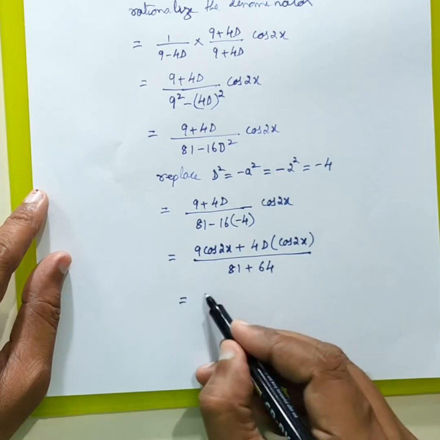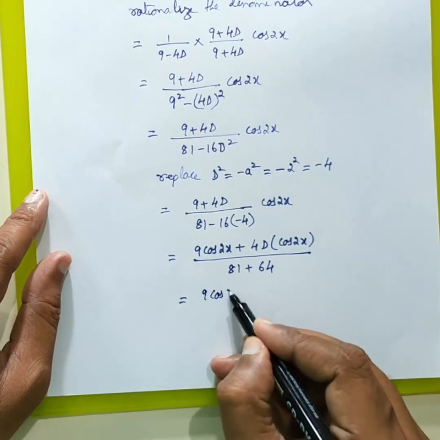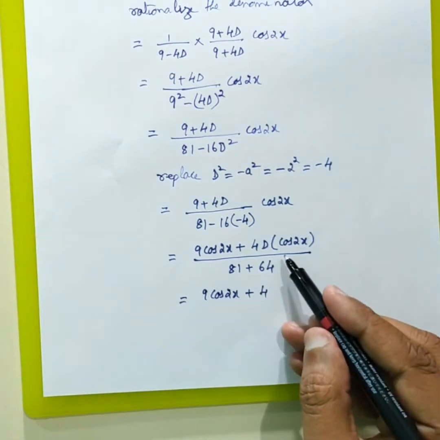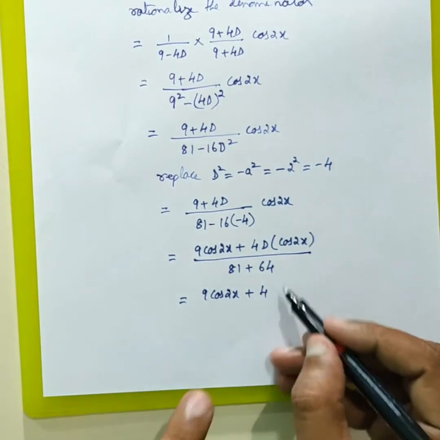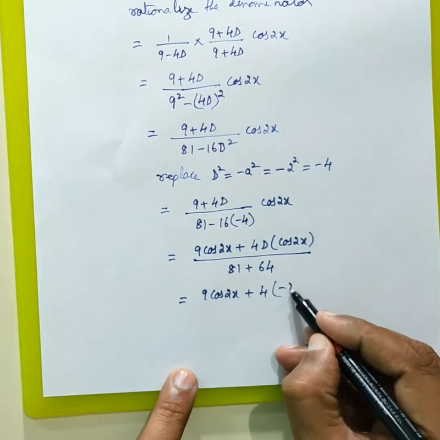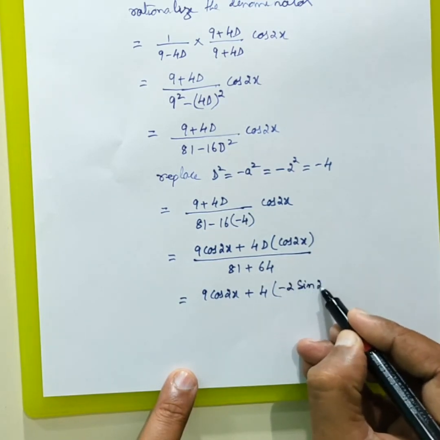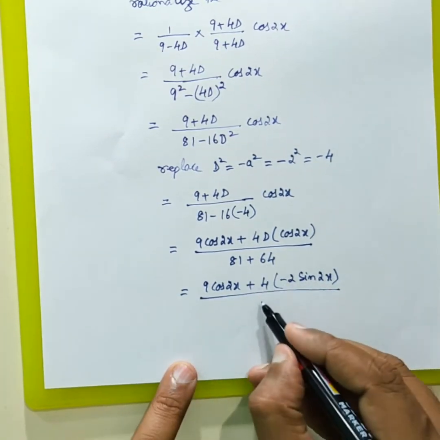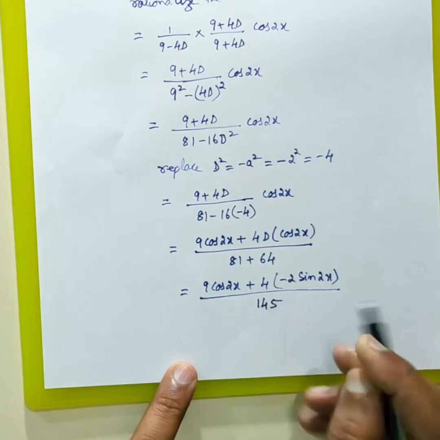So this equals 9 cos 2x plus 4 times the differentiation of cos 2x. Differentiation of cos will be minus sine, so you get minus 2 sin 2x, whole divided by 81 plus 64, which is 145.